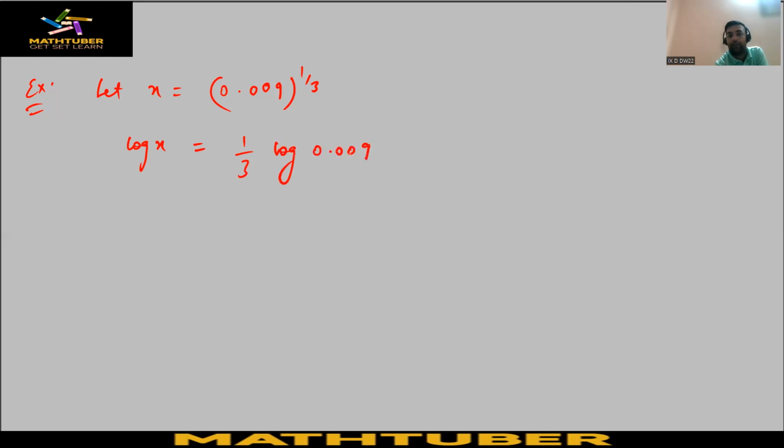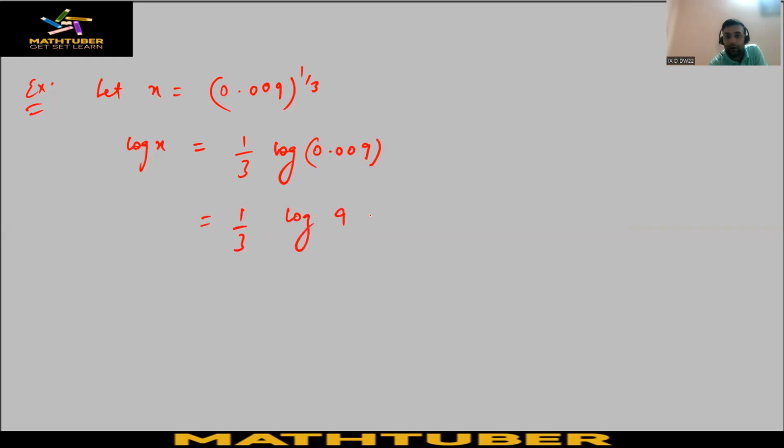Then after that, we have another type of question. Suppose you are given a number, let x is equal to 0.009 raised to power 1 by 3, and you want to find its value. So first of all, to remove this power, we have to take log both the sides. So log x will be equal to 1 by 3 log of 0.009, and this will be converted into standard form.